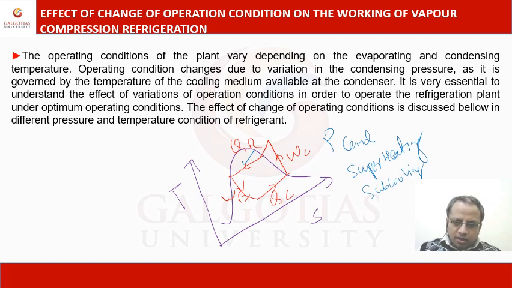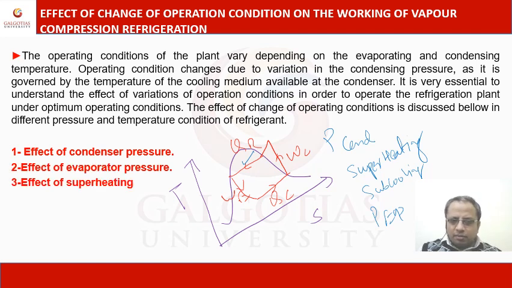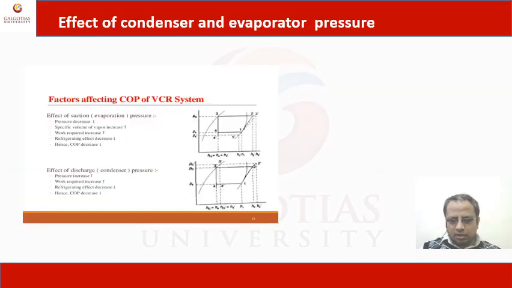And the lowest pressure of the cycle, the pressure of evaporation. All these four important operating conditions, we will see their effect on the performance of the VCRS system: the condenser pressure, the evaporation pressure, the superheating, and the subcooling. These four operating conditions are very important.